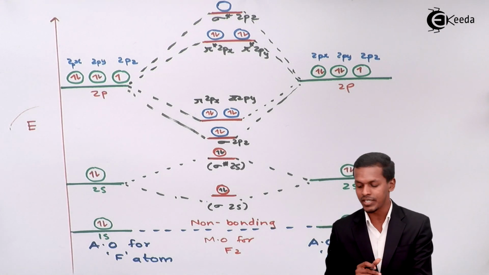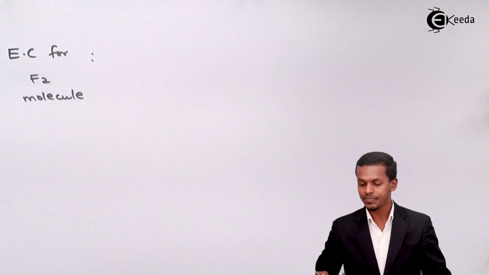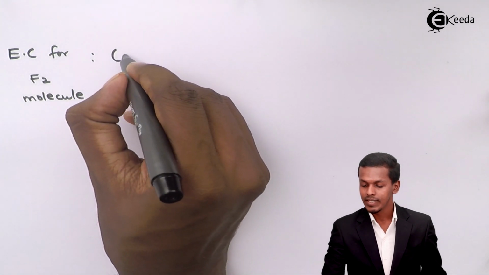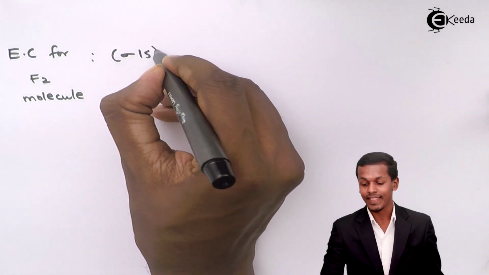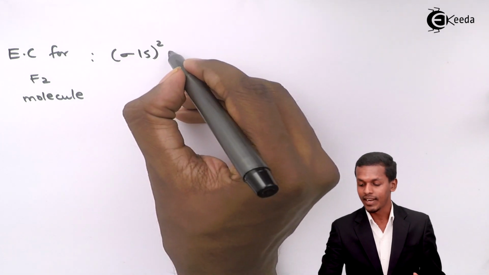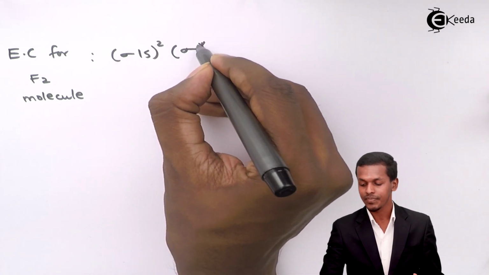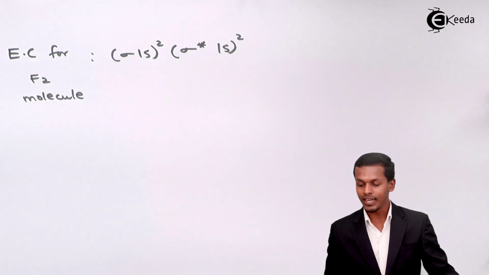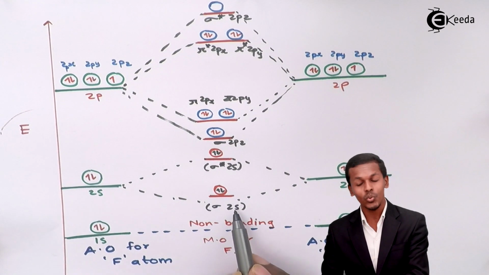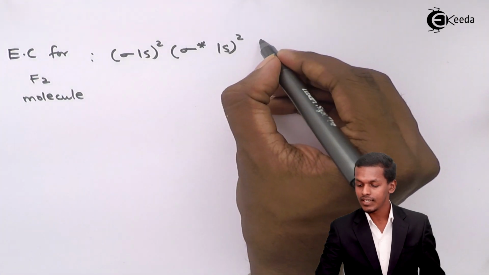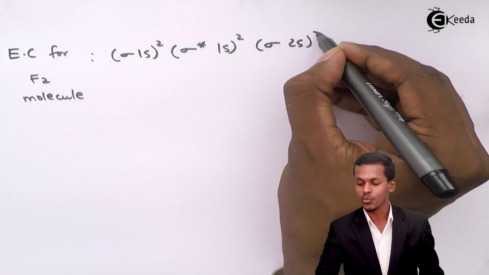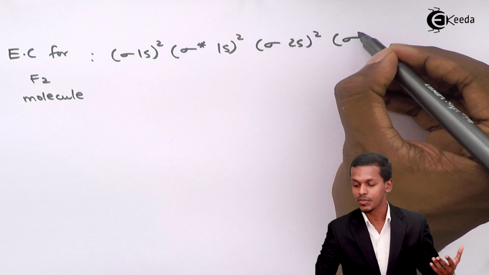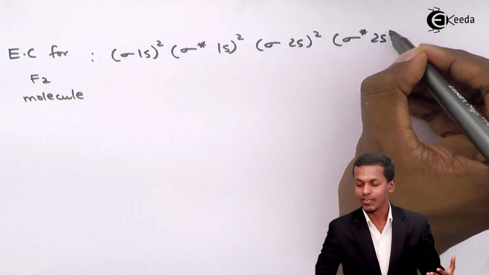Still, we can represent it in this way: sigma 1s, which consists of 2 electrons, and again sigma star 1s, which consists of 2 electrons, and following that we have sigma 2s, which consists of 2 electrons, and another one, sigma star 2s, which consists of 2 electrons.